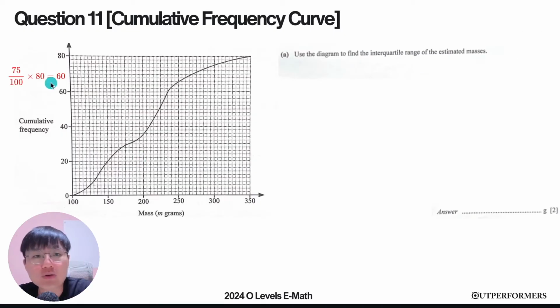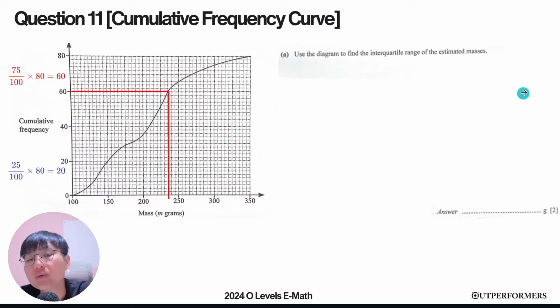So we will have to find 75% of the total number of people here, which gives us 60. And from here, we're going to join 60 all the way to the curve because you need the mass. And we'll get the number later on. Okay, so that's number one, upper quartile.